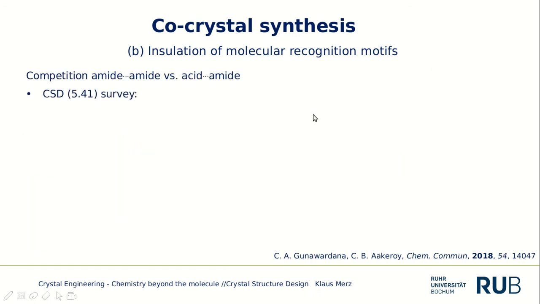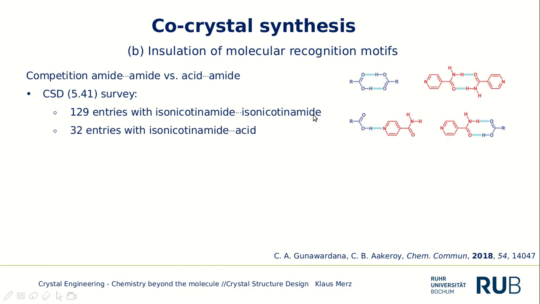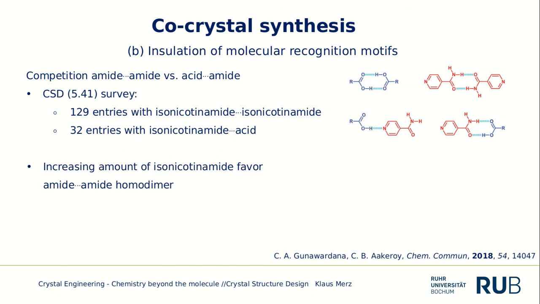So this could be a problem, not always, but it could be a problem, and in this case you should think very carefully. So isonicotinamide is preferred, but on the other side, such mixed systems are very often found.